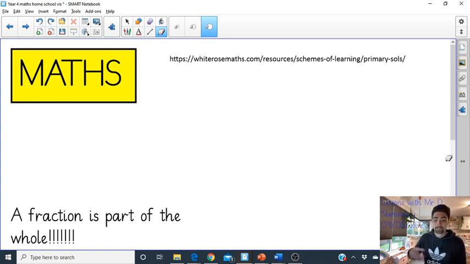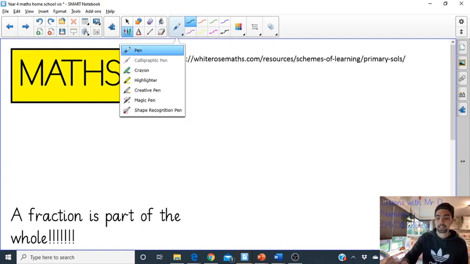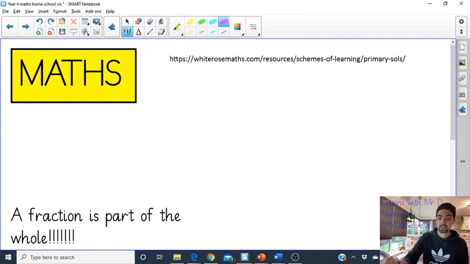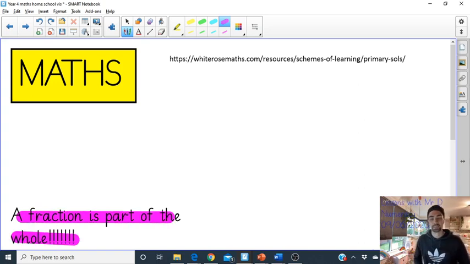So I've got that bit written down here, and that's the most important thing that we need to keep in our heads when we're looking at fractions: a fraction is part of the whole. Keep saying that over and over in your head, a fraction is part of the whole. That's all you need to remember.